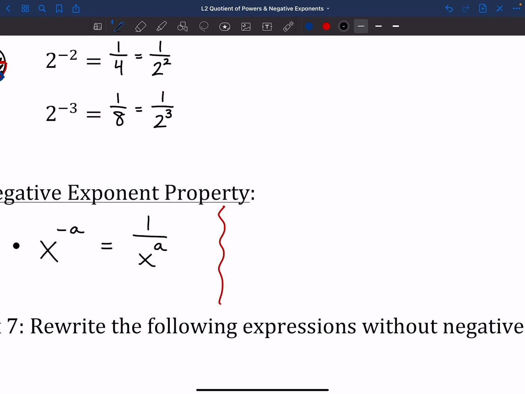If I had 1 over x to the negative a power, if that negative power was on the bottom of a fraction already for some reason, then I can flip it to the top and make it positive. When I do that, we know that anything divided by 1 is just itself. So again, whenever you have a negative power, flip that thing to the opposite side of a fraction and change that exponent to positive. That's what we're doing here.